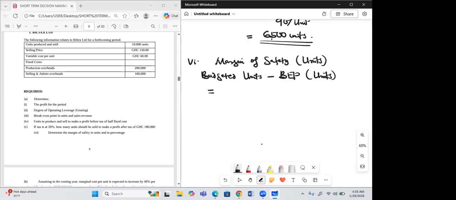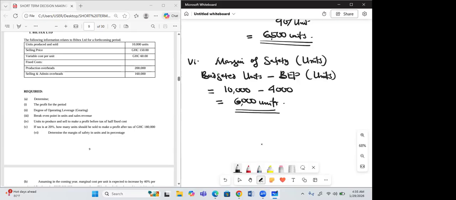The budgeted units was 10,000 units, and the break-even point in units we got 4,000. Giving you 6,000 units. That's it.